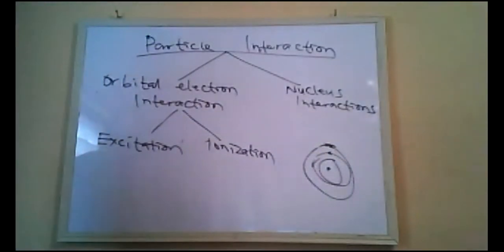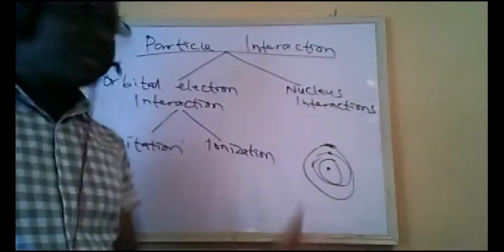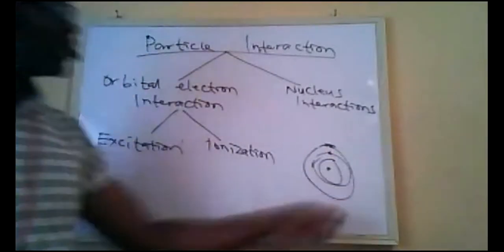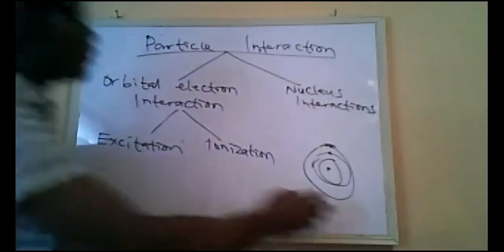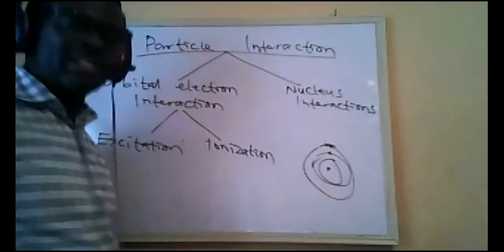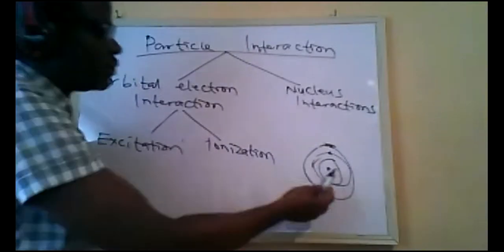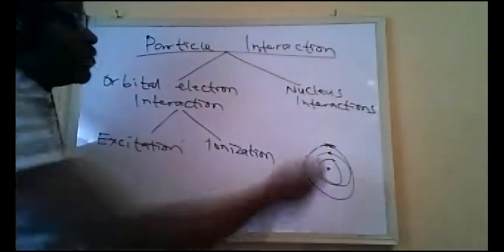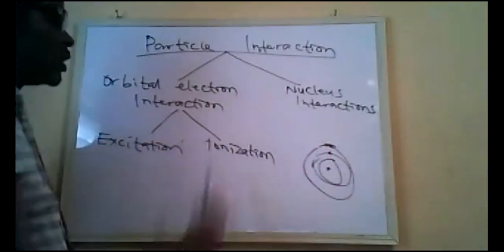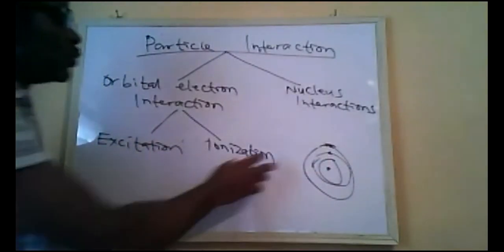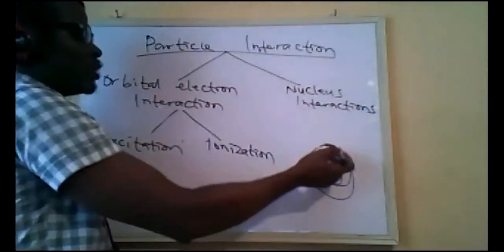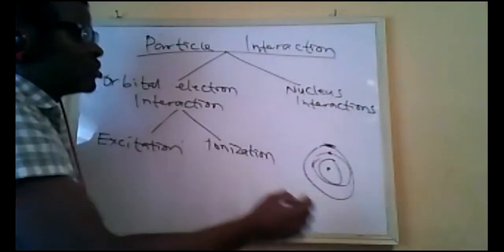When it leaves the atom, you now have an ion pair: the hole, which is positively charged, and the electron. The atom will now have a net positive charge. It's not as if we don't have electrons again; if one electron moves away from here, you have a particle which has an energy equal to or greater than the binding energy of this electron.